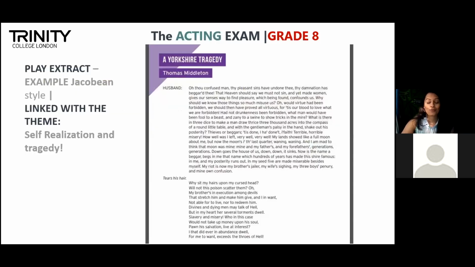So let's see. The theme that I have chosen as an example is self-realization and tragedy. The first one is a Jacobean play, A Yorkshire Tragedy, where the husband becomes a murderer and kills his wife and 2 children in a fit of rage.